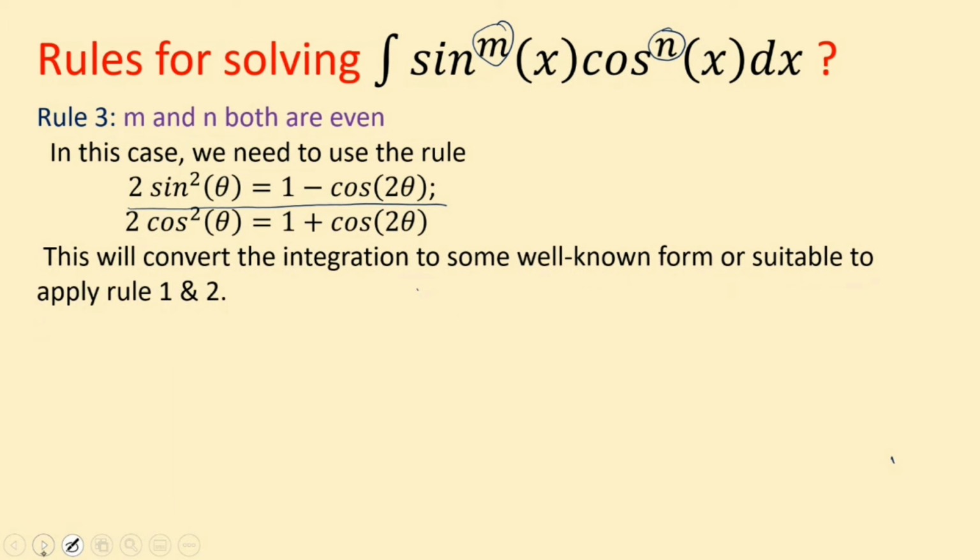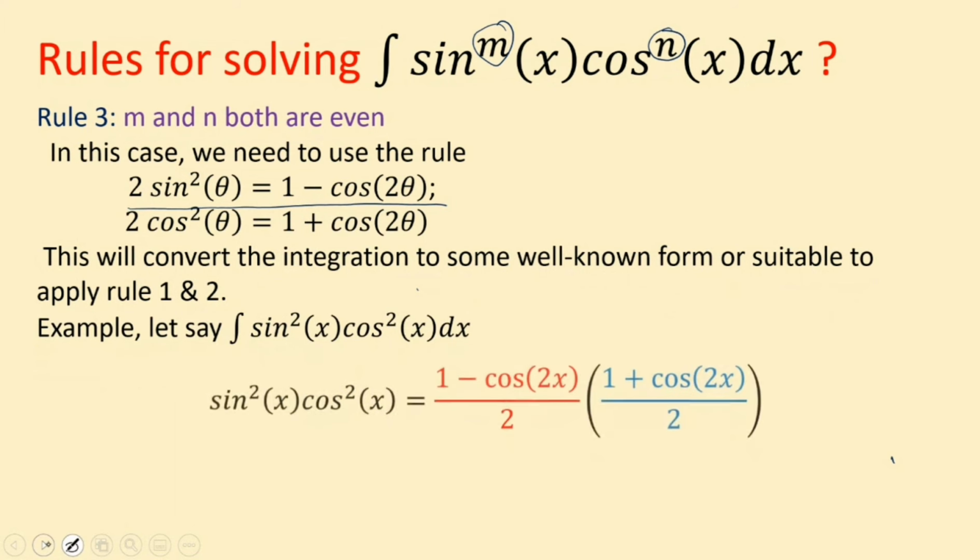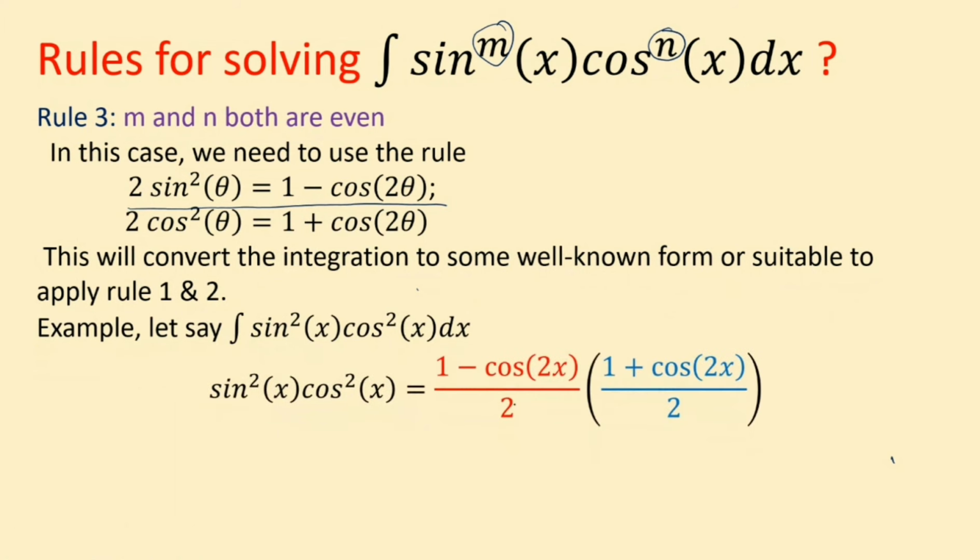Then when you use this rule, this will convert the given integration into a known form, in the format of rule 1 and rule 2. So let's say sine square x cosine square x dx. So sine square x is 1 minus cosine 2x over 2, and cosine square x is 1 plus cosine 2x over 2.